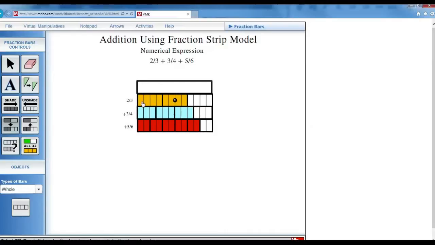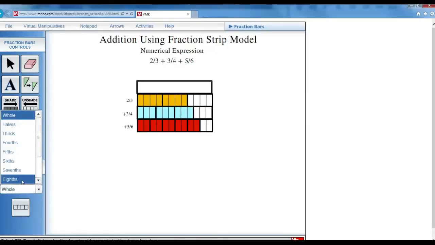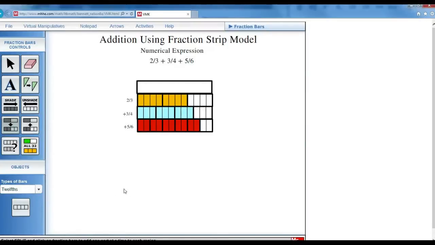So for my first fraction, I'm going to get a strip of 12, so I can go ahead and start adding my fractions.